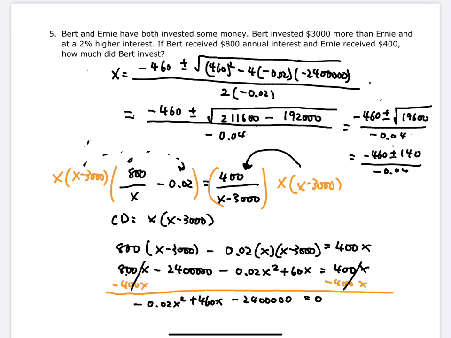Okay, so in this case, let's double check our answers. So we get either negative 460 plus 140 over negative 0.04, or negative 460 minus 140 divided by negative 0.04. Again, more space needed.